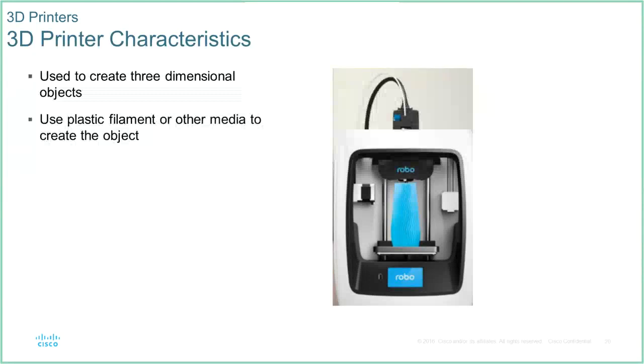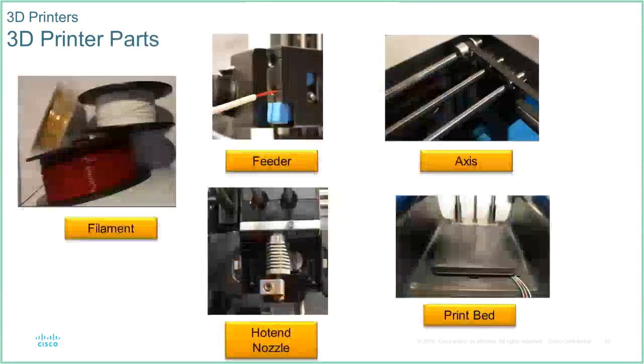Quite interesting to see in practice. The filament is the plastic, or other media. I have seen metal ones as well. There's all sorts. I've seen concrete 3D printers, commercial concrete printers.